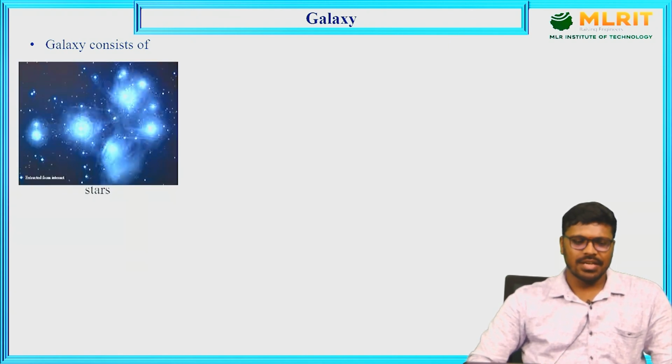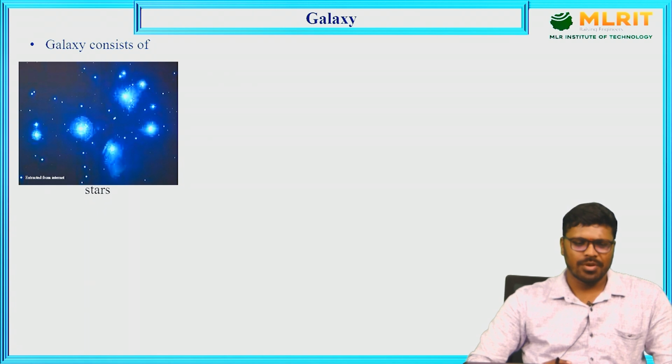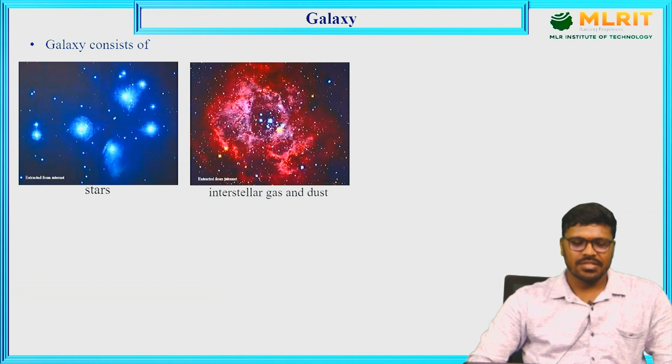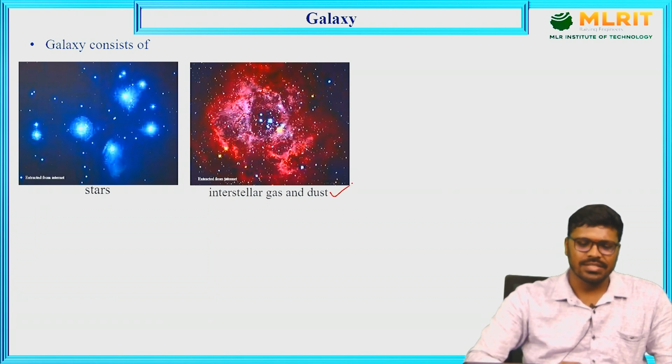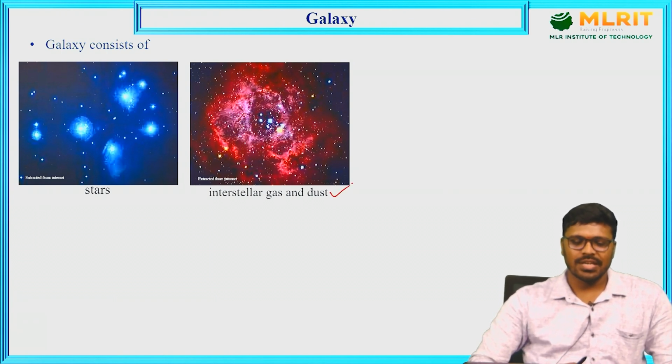A galaxy consists of stars. Everybody knows about stars. A star is an illuminating body which generates light. Coming to our star, what is our star? The Sun is our star. Also, a galaxy consists of interstellar gas and dust. What is this interstellar gas and dust?